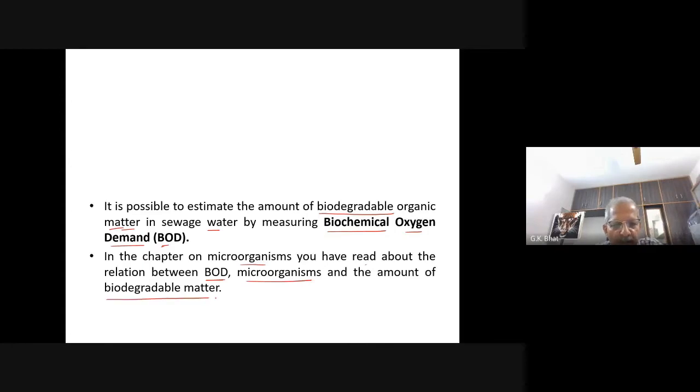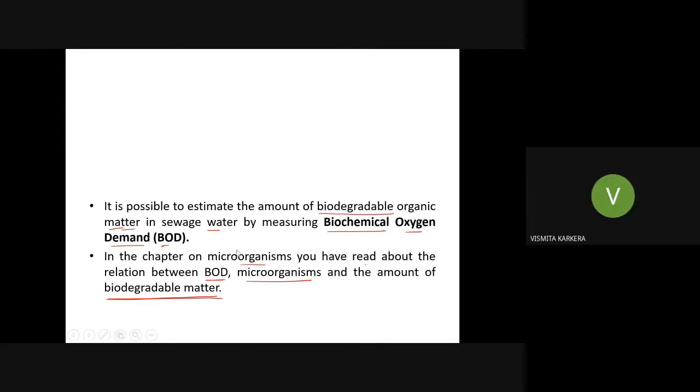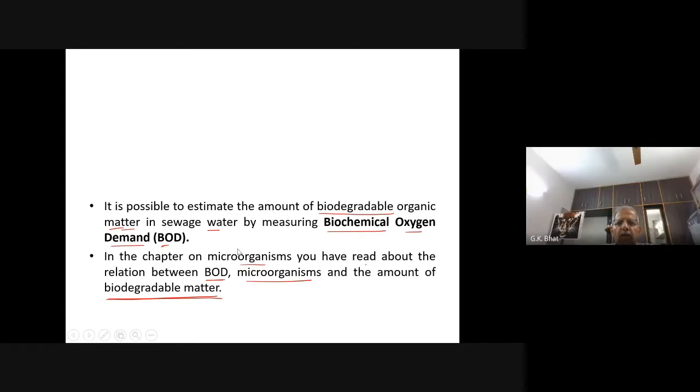Yes, Vismita, can you remember, if the BOD, biochemical oxygen demand, is very high, is the water more polluted or less polluted? Can you tell me the relationship between biochemical oxygen demand, BOD, and sewage water?